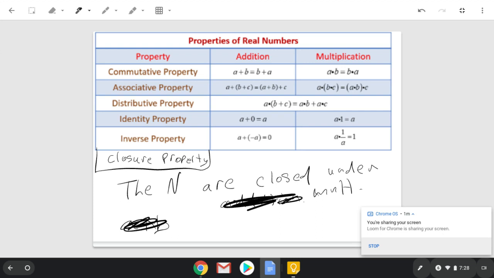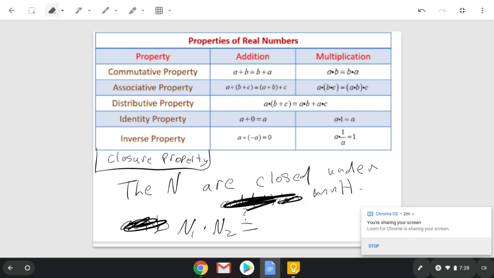If you take any two natural numbers, do you always get another natural number? And the answer is yes. Yeah, you always do. 5 times 2, that is 10, and 10's a natural number.